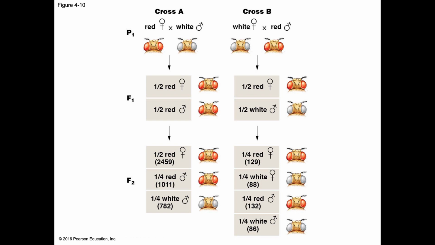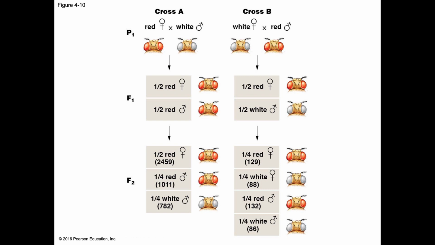So the daughters that result from this pairing are heterozygotes. They have the red and the white allele. The sons that result from this pairing are going to have the normal phenotype because they have one copy of the X chromosome and it is normal. Now, if we look at this, the idea would be you have 50% female and they all have red eyes. 50% of the offspring would be male and they all have red eyes.